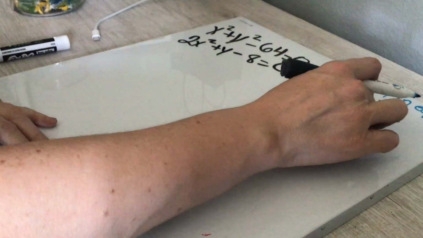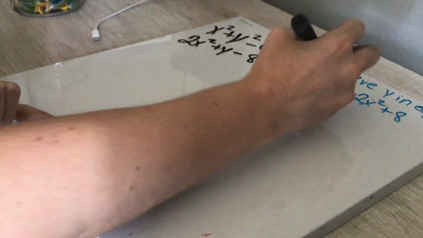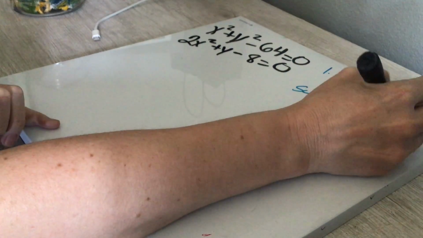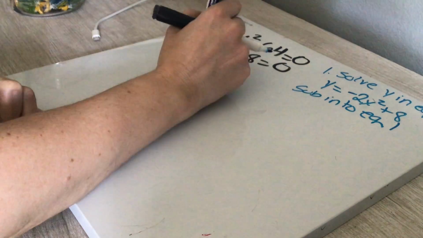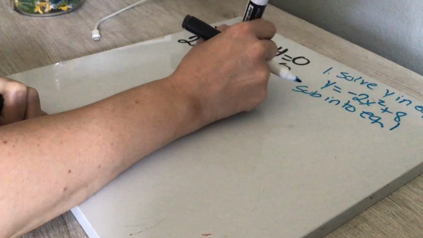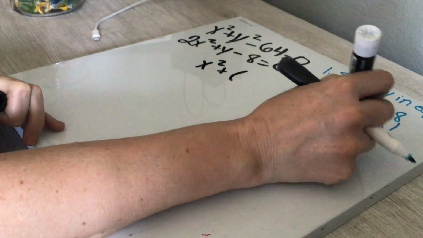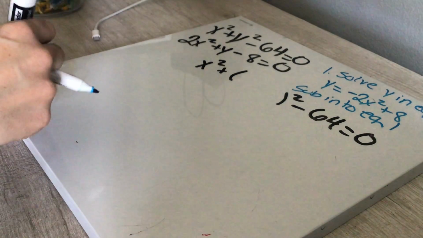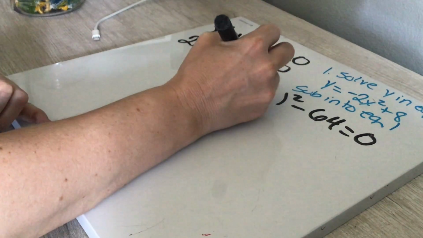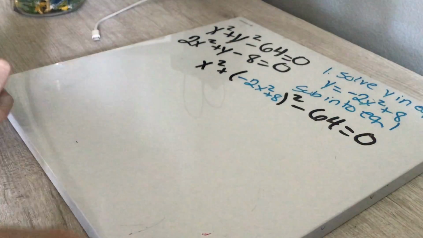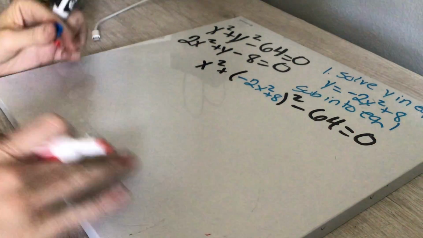Then I'm going to substitute that into our first. So I get x squared plus y squared minus 64 equals 0. But y was negative 2x squared plus 8. Okay? Then simplify this.